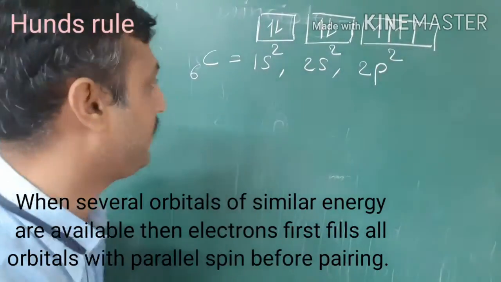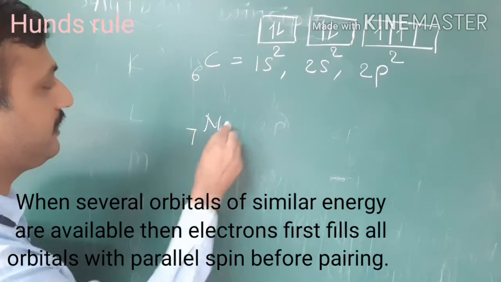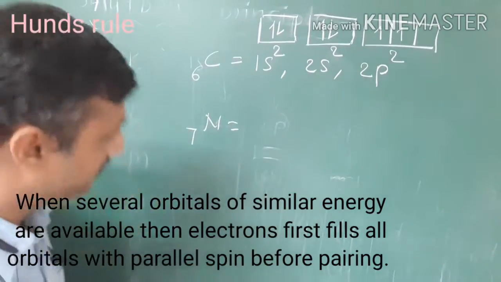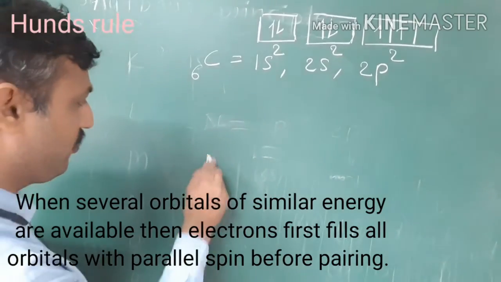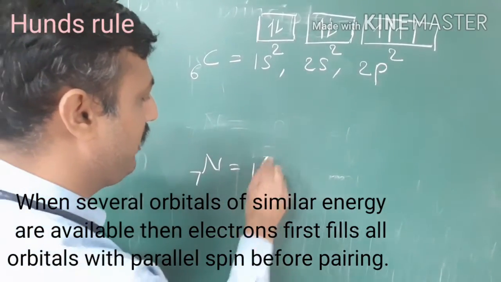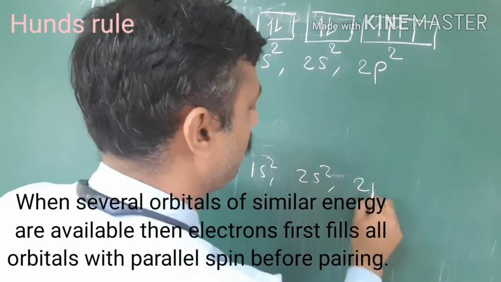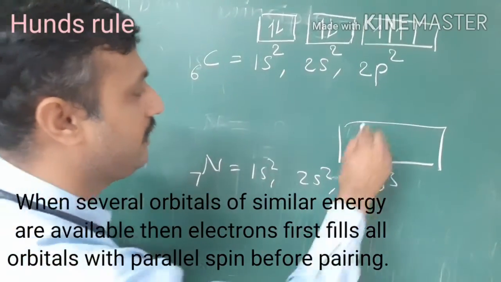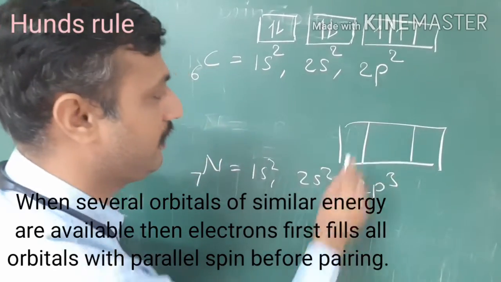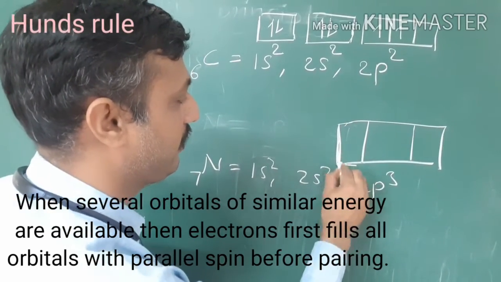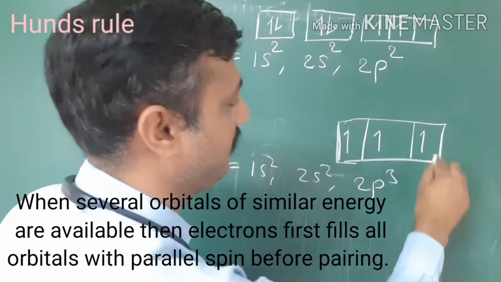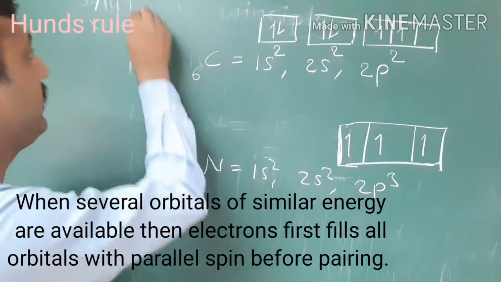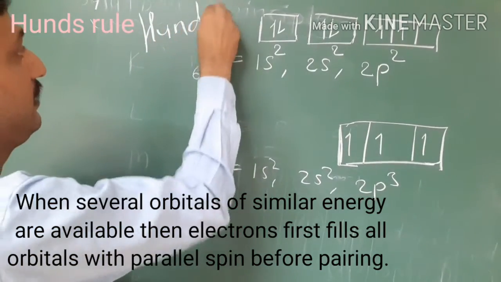This principle states that. Suppose we want to write nitrogen, N7. It's 1s2, 2s2, 2p3. So you know how to show the 1s and 2s, same as before. Here the p subshell consists of 3 electrons: first electron, second electron and third electron. I am going to repeat the statement of Hund's rule. We are learning Hund's rule.